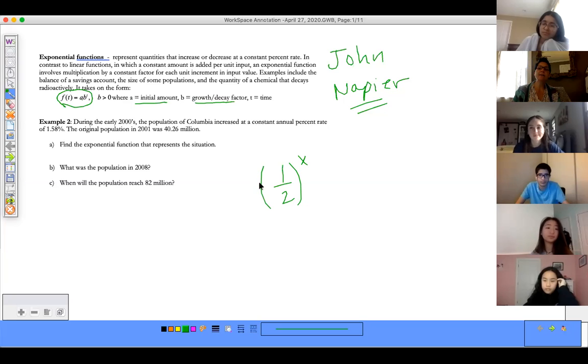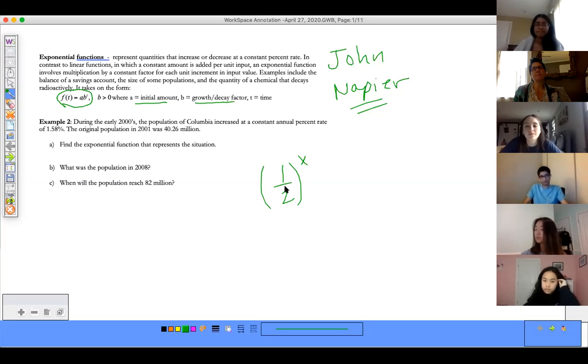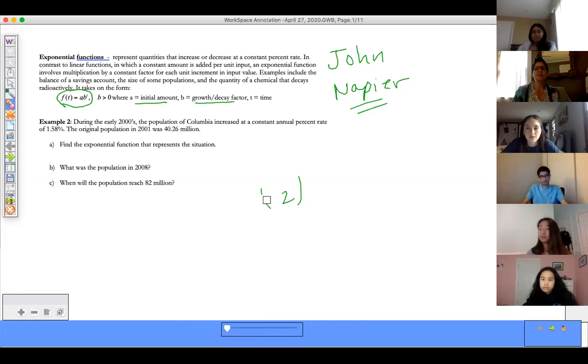It's a decay because it's basically saying that you're always going to be 1/2 of your previous amount. You're going to be half of what you were before. So if you were 10, now you're going to be 5. Then you're going to be 2.5, and then you're going to be 1.25, and what's half of 1.25, and so forth. So you guys are doing a great job.